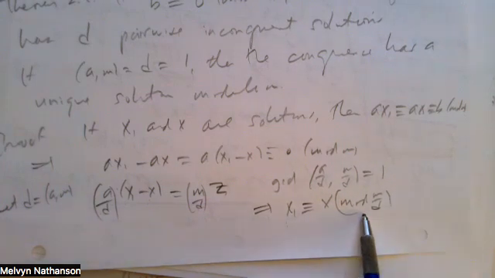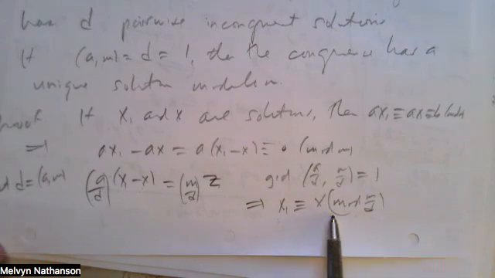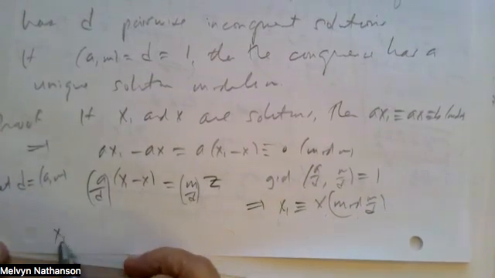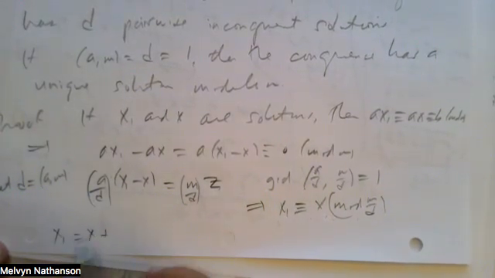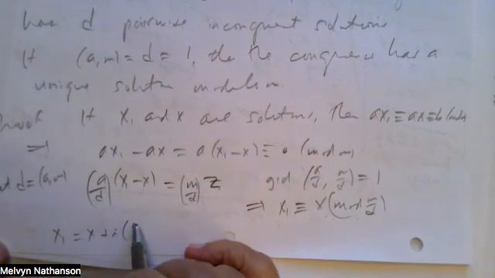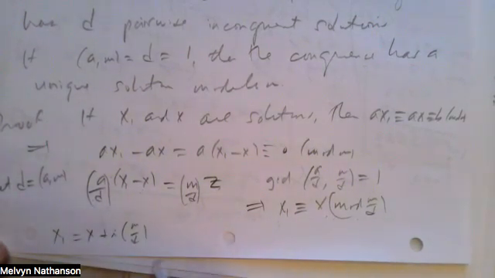And any integer congruent to x mod m over d is a solution. So what does it mean to say x1 is congruent to x mod m over d? x1 is equal to x plus i times m over d for some i.